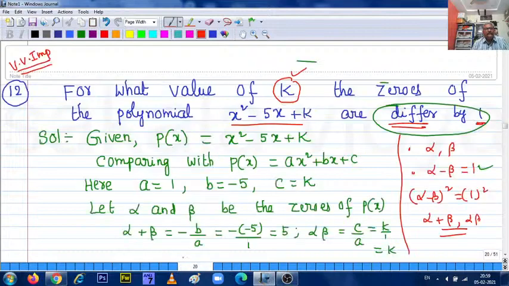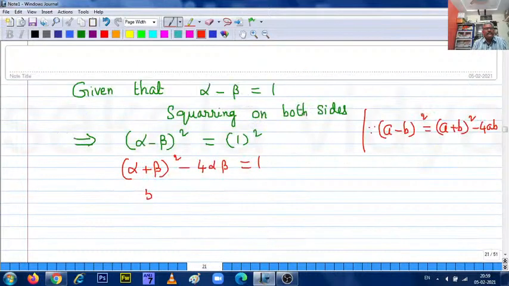Go back. What is alpha plus beta? Alpha plus beta is 5. Alpha beta is k. Let us substitute. So this is 5 square minus 4k equals 1. Okay, 5 square is 25, minus 4k equals 1.